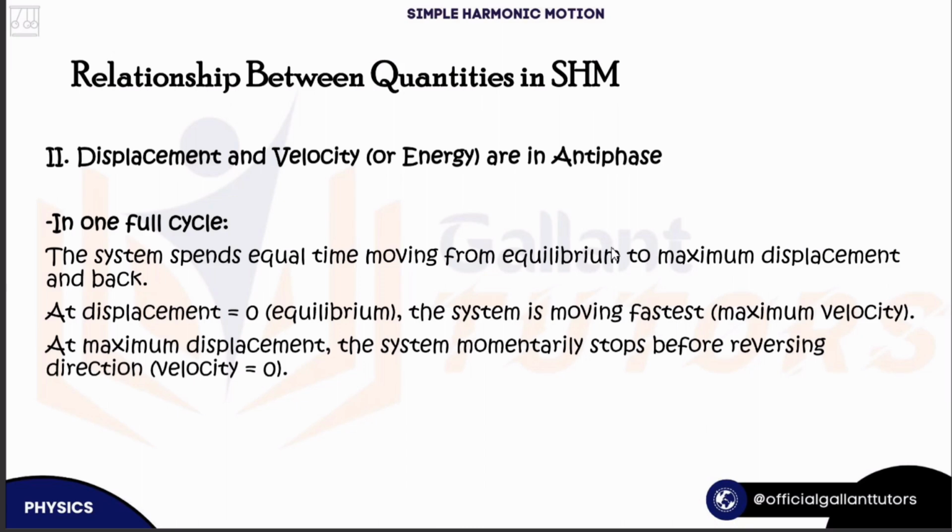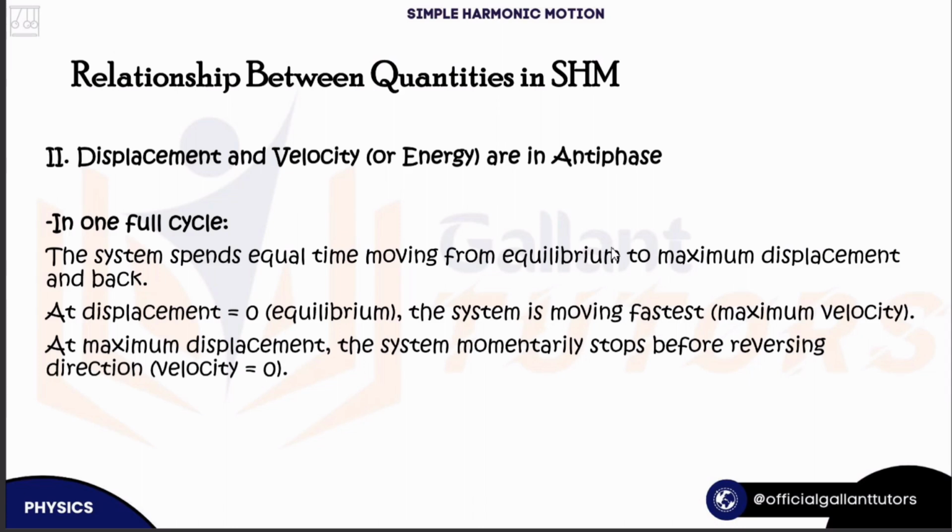At displacement equal to 0, that is at the equilibrium position, the system is moving the fastest. I told you that at x equals 0, kinetic energy is at the maximum. At maximum displacement, that is farther away from the equilibrium position, the system is momentarily stopped.